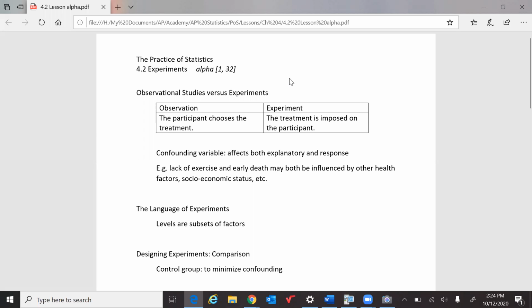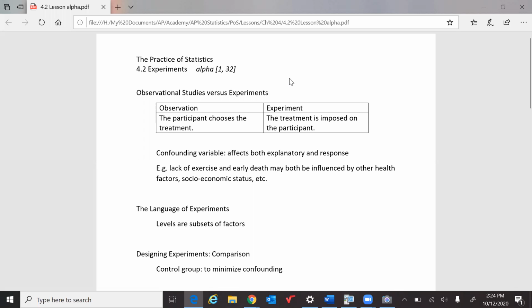A confounding variable will affect the input and the output. Well, you know, confounding is bad news. So here's an example. You study the lack of exercise and early death and say that they're correlated. If someone doesn't exercise and they die young, there seems to be a correlation.